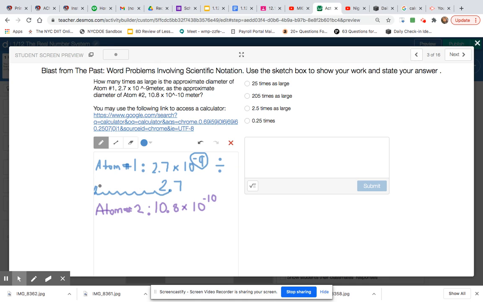That's going to be 8 zeros, and then 2 7. So this number in standard form is 0.0000000027.